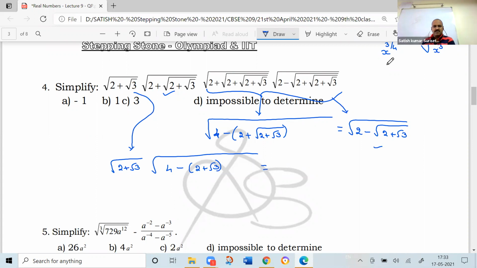So this is the same as root of 2 plus root 3, and the root of this will be 4 minus 2 minus root 3. Now again in the same form, root of a plus b into a minus b, a square minus b square. So 4 minus 3, which is 1. So the option is C. Check where you have made a calculation mistake. Option is B.